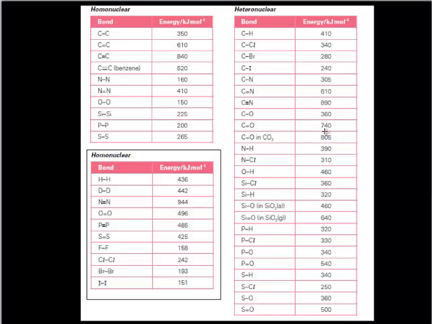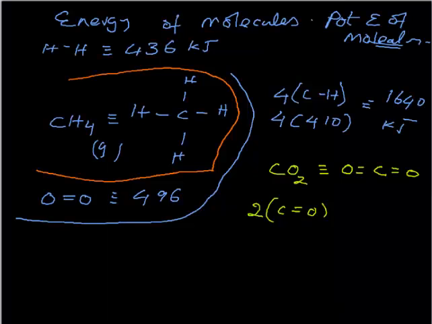And this is taken to be 740 kilojoule per mole, as you can see there. So 2 times 740 will give you 1480 kilojoule of energy that you need to overcome 1 mole of carbon dioxide.